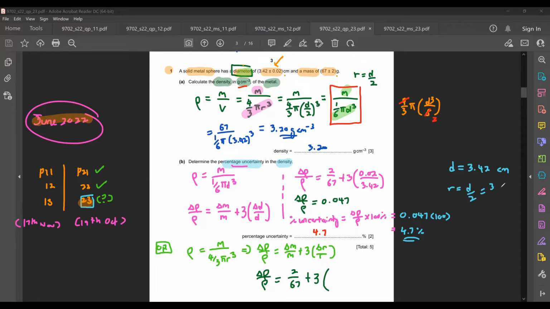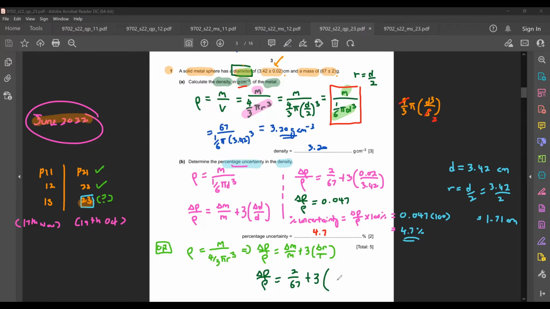This would mean 3.42 divided by 2, giving me 1.71 centimeter. A lot of times people do it like this, where they find the radius as half the diameter value that was given.